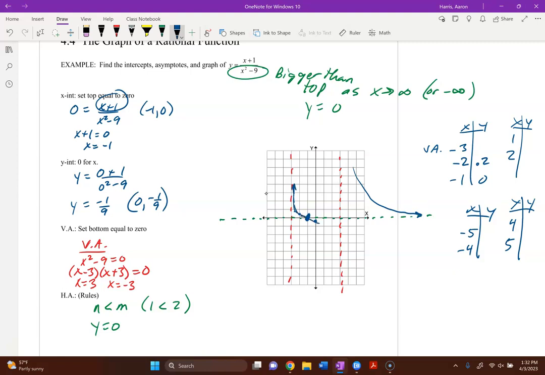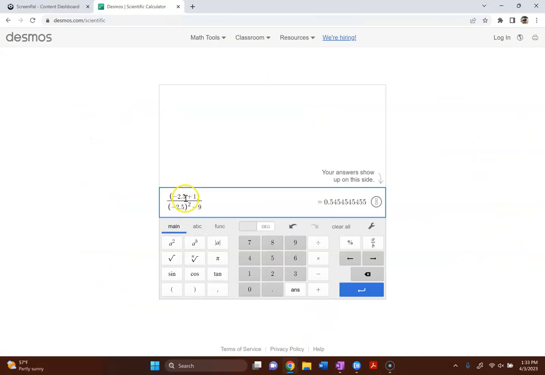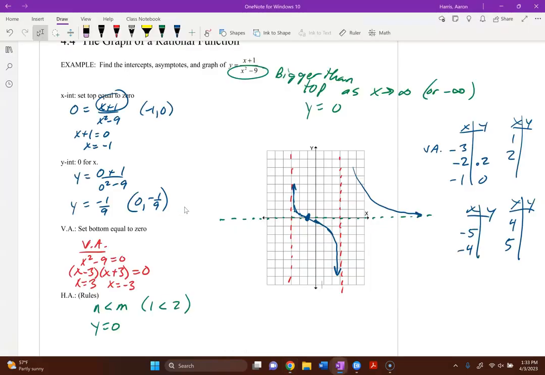And you can plot some points over here. Similarly, throw them in, and you're going to see that thing kind of go down. Let's throw in something to the right of x equaling 3, like x equal 4. And you get 0.7 something.